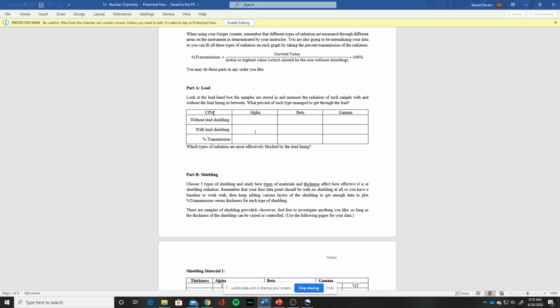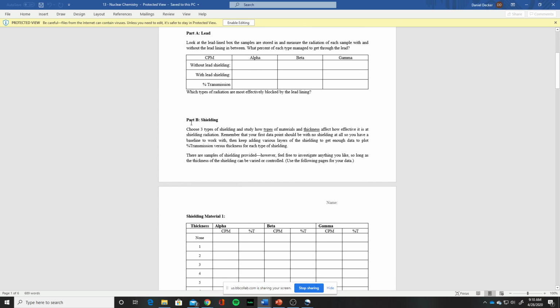But I will tell you specifically however I give the data to you, whether it's just in document form or whether I decide to make a video. I will tell you whether or not, but I don't believe that you will end up doing part A. I think that is going to end up being skipped, and that's just from a logistical standpoint, just because I don't think I have the lead that I would need to do this properly.